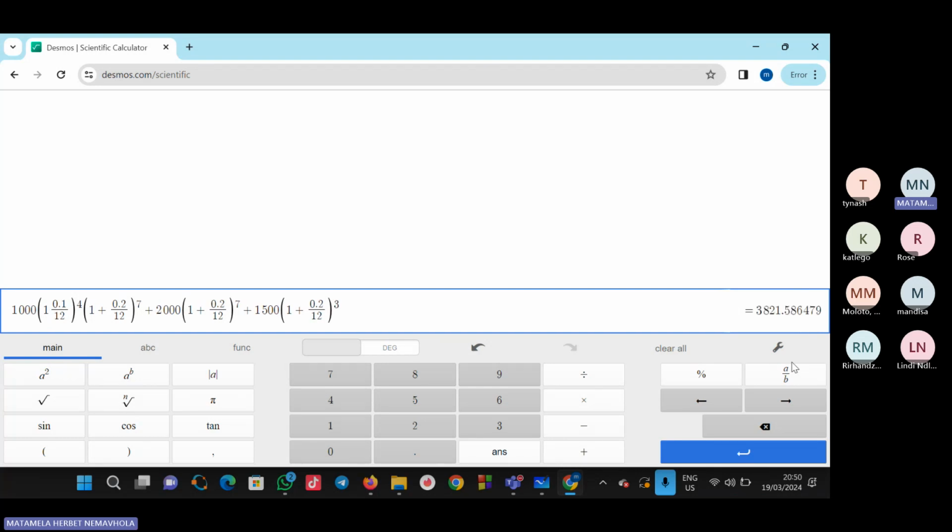So now it will give us the answer. So the answer for this amount that we see there, let me say equal to.